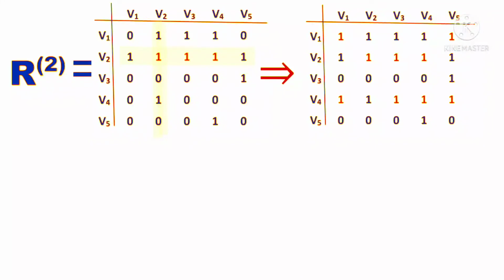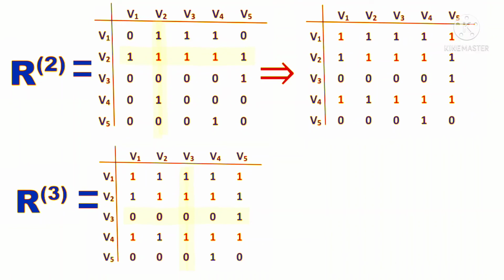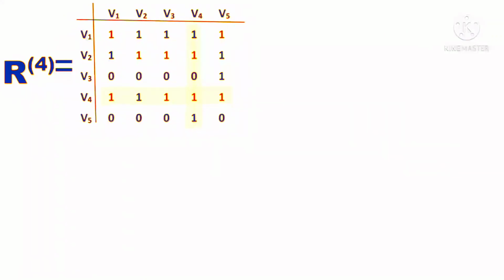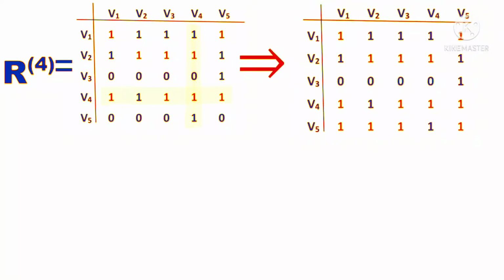Again, highlight the third row and column to get R3. R3 is the same as the R2 matrix because there are no new paths at all. In R4, there are four new paths in row V sub 5, which are V sub 1 to V sub 5, V sub 2 to V sub 5, V sub 3 to V sub 4, and lastly V sub 5 to V sub 5.